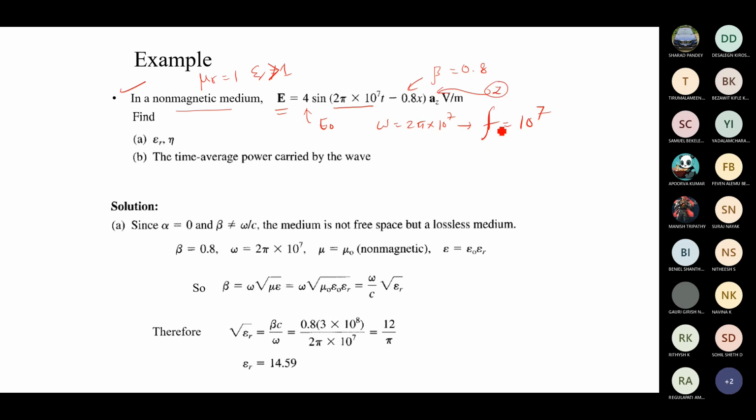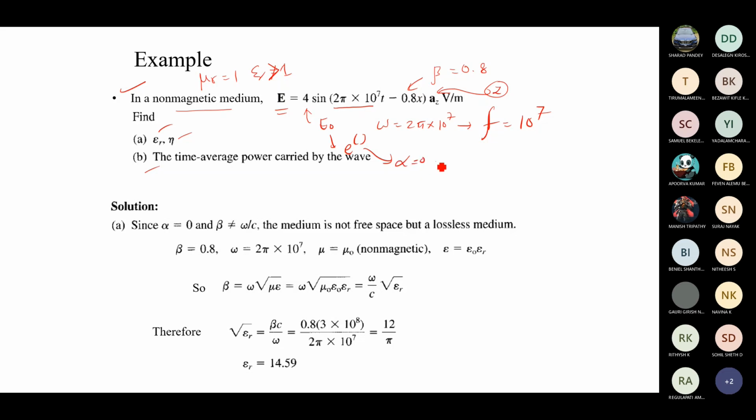These are the pieces of information we got out of the wave equation. From this, we have to calculate epsilon r, eta, and the time average power carried by the wave. How to calculate that? One more thing we are supposed to know here is that there is no exponential term with some quantity. Therefore, it clearly tells us that alpha is equal to 0.